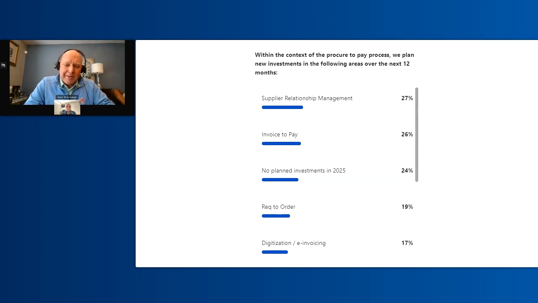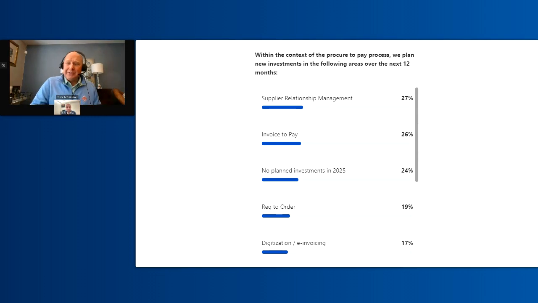And 14% of you are making investments in catalog management. Another 17% of you plan to make investments in digitization and e-invoicing. With all that said, 1/4 of our attendees, Rowan, say they have no planned investments in 2025.